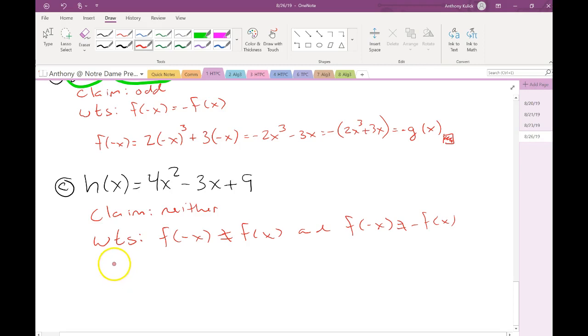Okay. So we'll start the same way by calculating h of negative x. If I simplify this, I get 4x squared plus 3x plus 9.